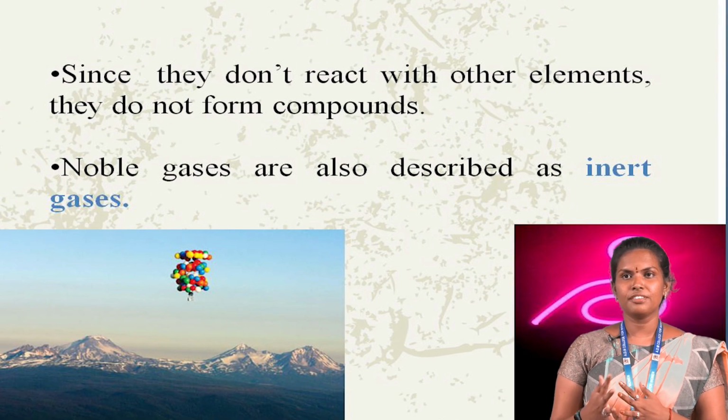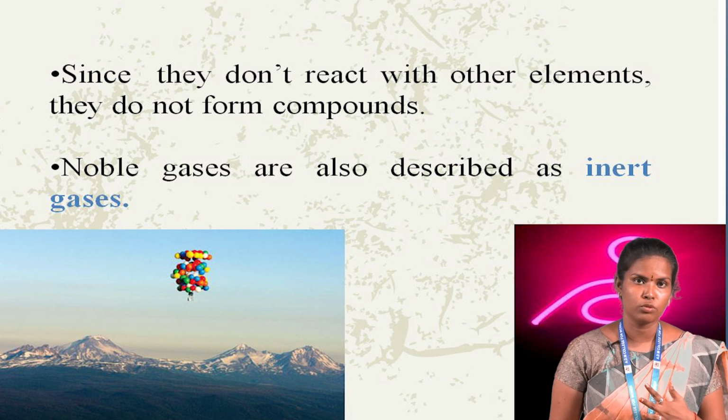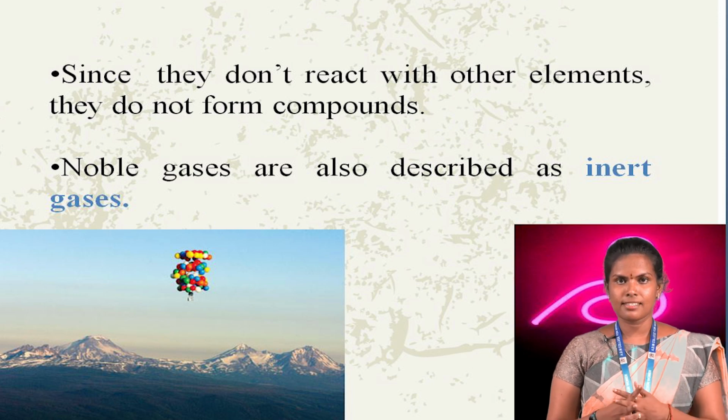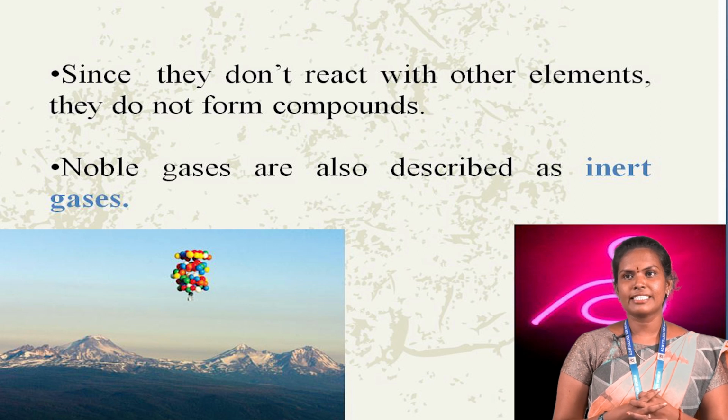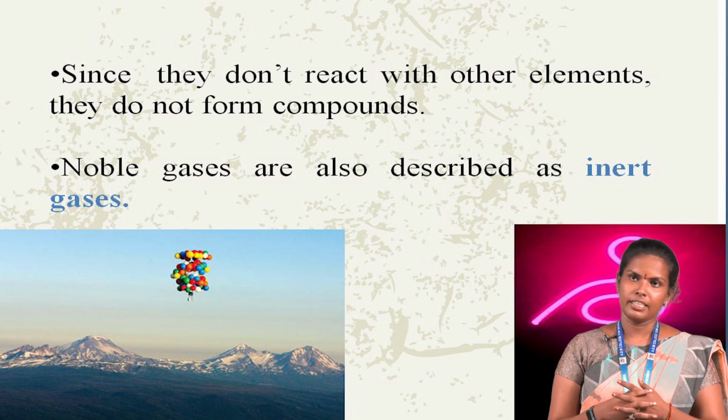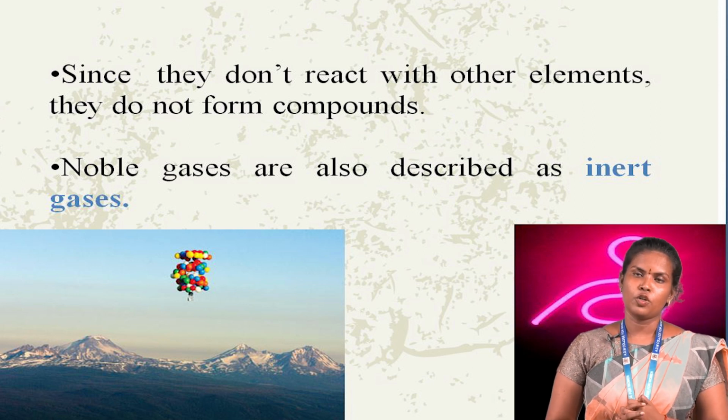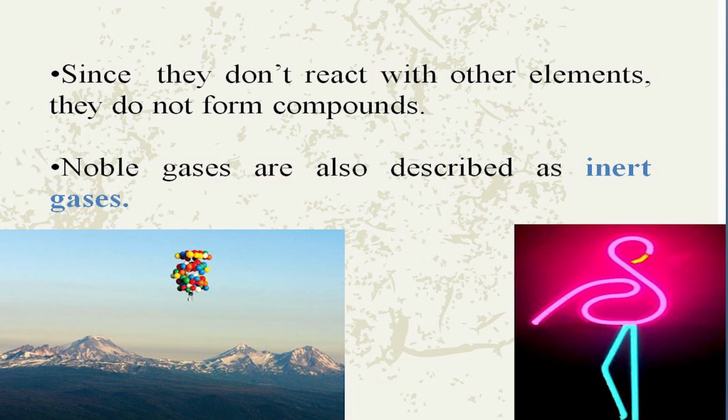Since they don't react with other elements, they do not form compounds. Noble gases are also described as inert gases. Neon is used in neon signs. Helium is used to make party balloons float.